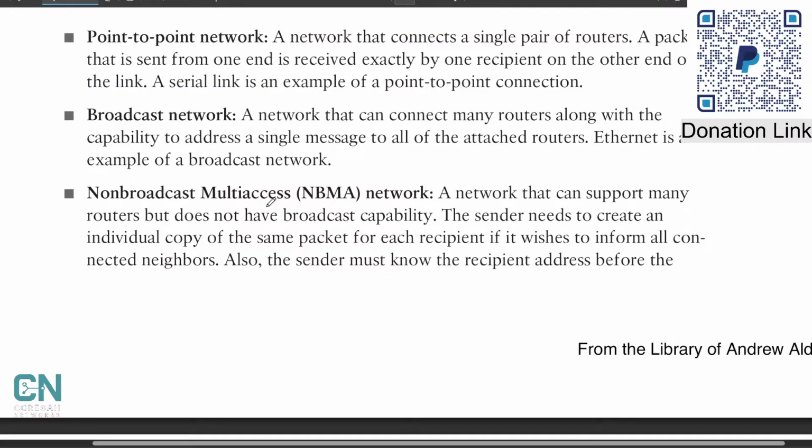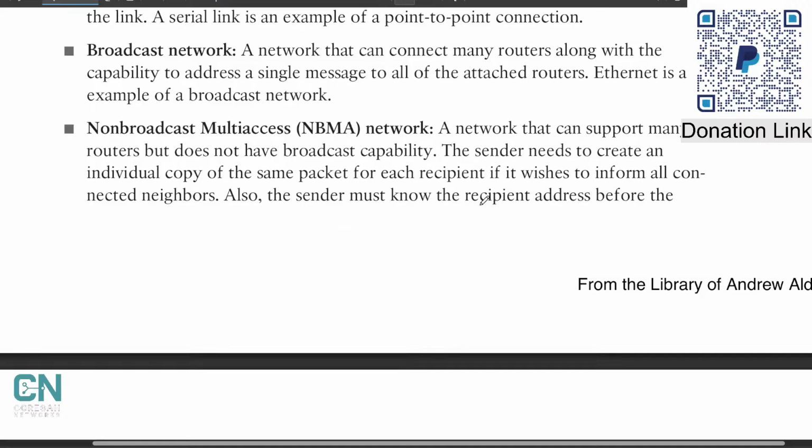Non-broadcast multi-access, NBMA network: a network that can support many routers but does not have a broadcast capability. The sender needs to create an individual copy of the same packet for each recipient if it wishes to inform all connected neighbors.